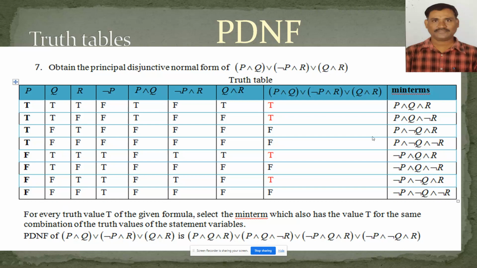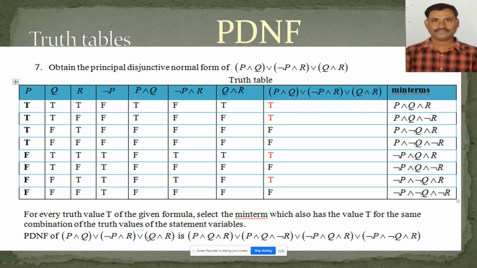After writing min terms you have to round up where you get true. Here we get four truths. After rounding the truths, to write PDNF, take their combination and write the disjunction of these min terms.